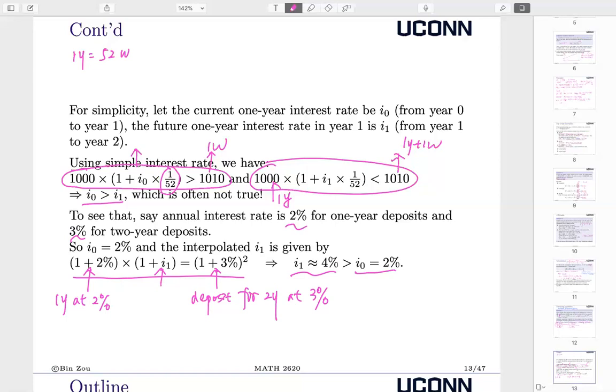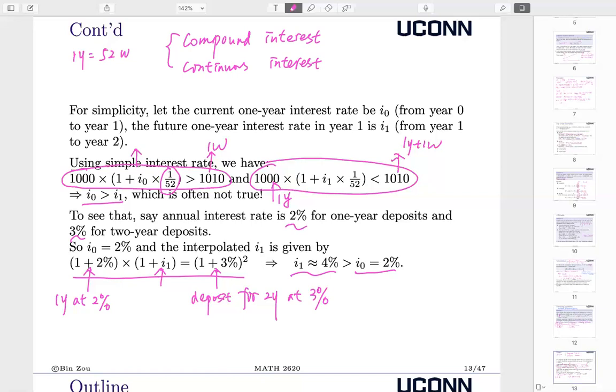Soon, in the next subject, we will study compound interest rate and also continuous interest rate. Neither of them can explain decreasing impatience.